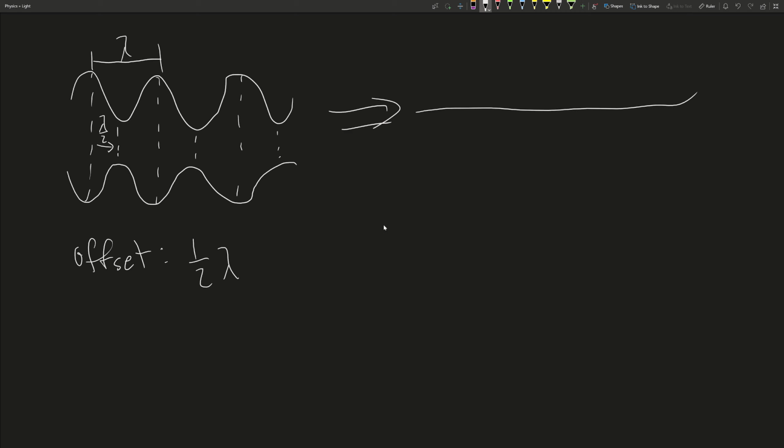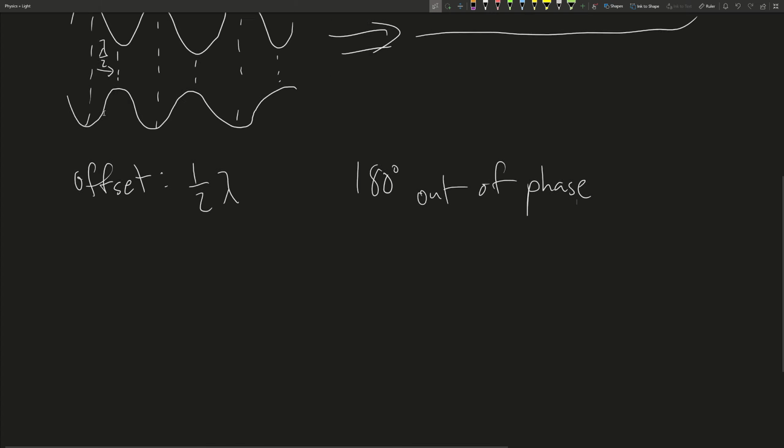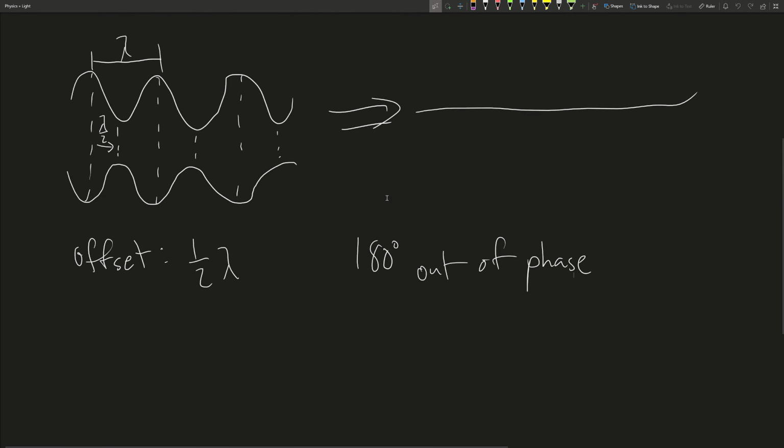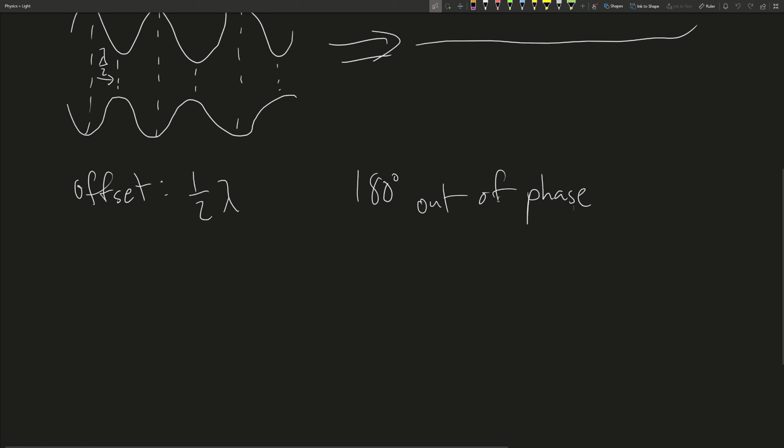This can also be called 180 degrees out of phase, or a 180 degrees phase difference. When you think about these waves, you represent them with a sine or cosine function. A cosine or sine function is periodic every 360 degrees, which means the function repeats every time the input value goes through 360 degrees.